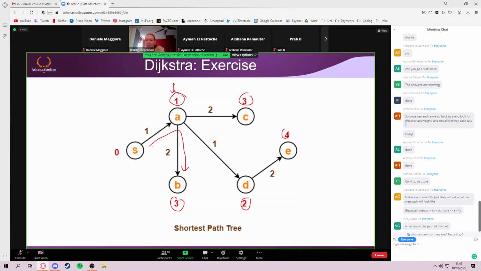Let's see, because you went SAD, not SAB. We didn't really have an order, so if you have a different path, that should be fine as long as you have the same weights.